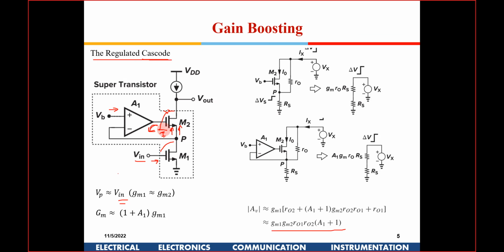Why are we shifting the above cap to below or intrinsic? Actually, what happens is this small signal, if you replace it by a current source, the same current is going to flow here, because this current has got no other path.